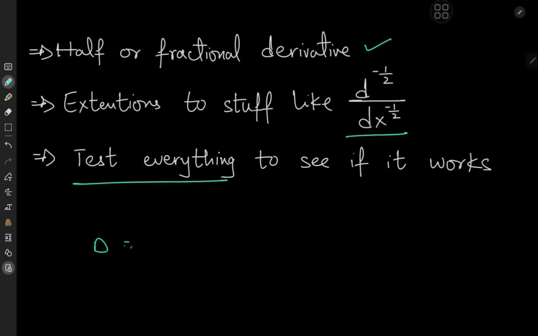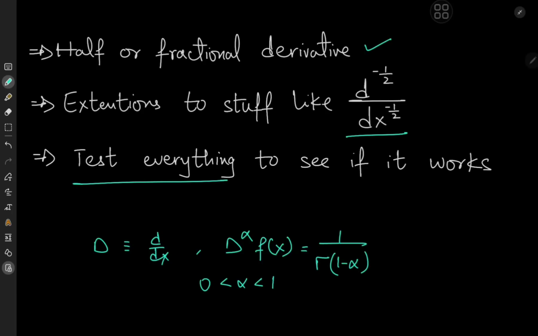We'll call the operator D the derivative operator with respect to x. And the derivative of order alpha, where alpha lies between 0 and 1, so yeah, fractional derivative it is. In order to apply this operator to a function, you need to take the reciprocal of gamma of 1 minus alpha.